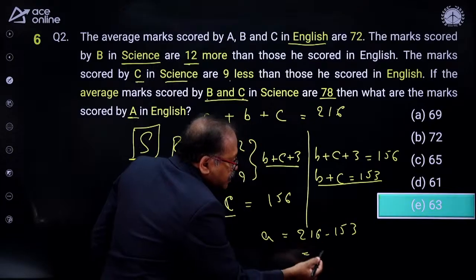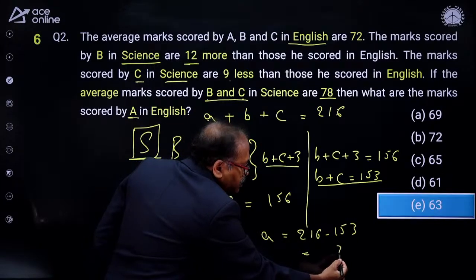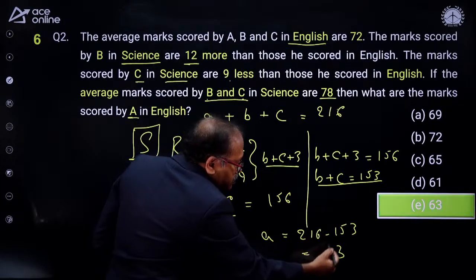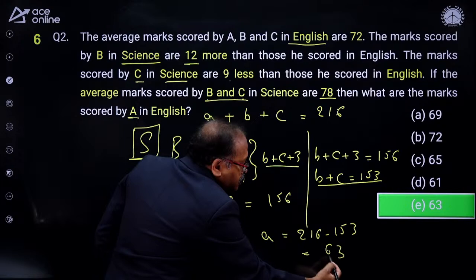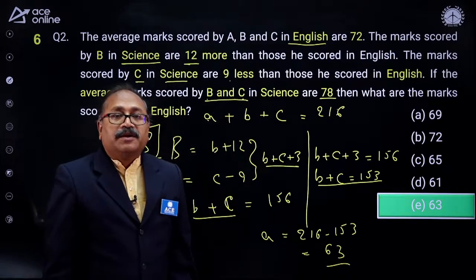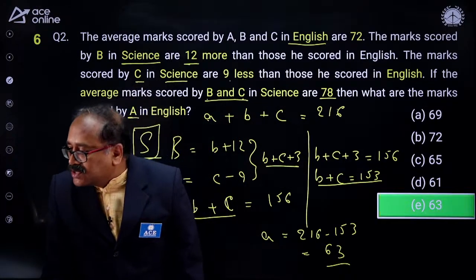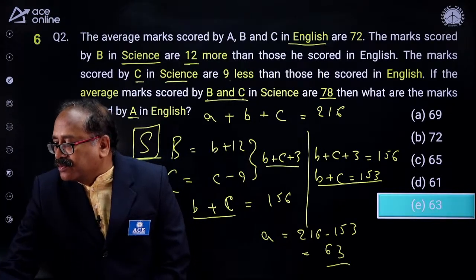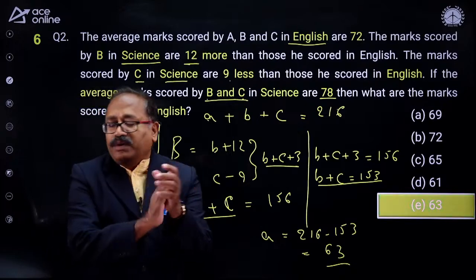It comes 63. Then rightly your option choice is, yeah, that's right, sir. 63. That's right. Well done, Anil Kumar.